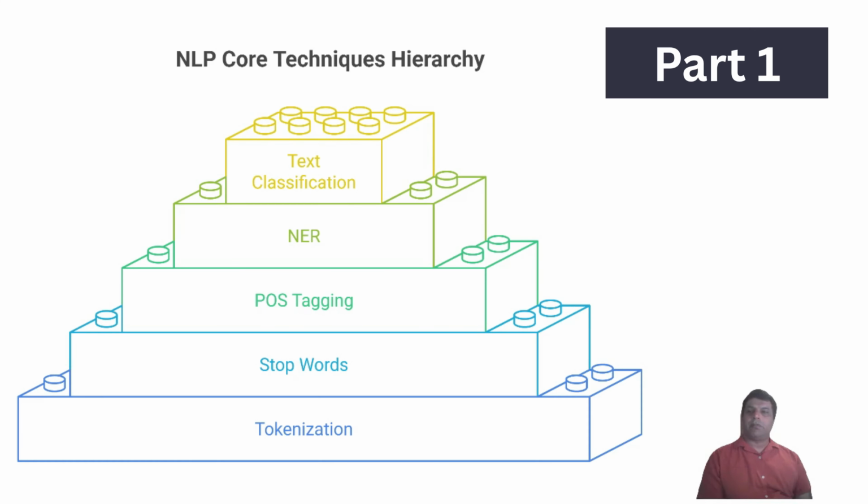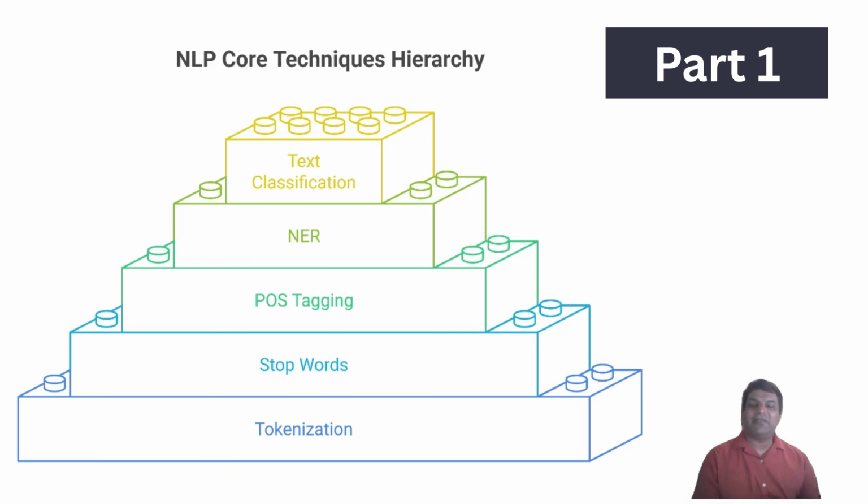After that, we will jump into parts of speech tagging, identifying the grammatical role of each word, and then a very important technique called named entity recognition, detecting names, dates, locations, and other specific entities. Named entity recognition is important and the core of NLP. It is also key in business applications and business analytics. So let's begin with tokenization.